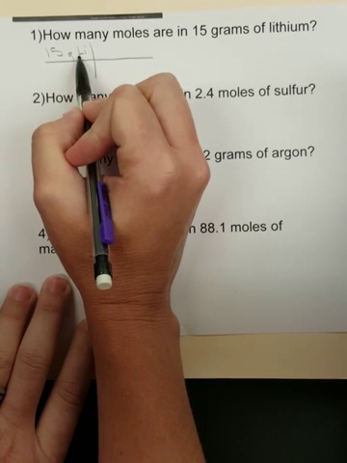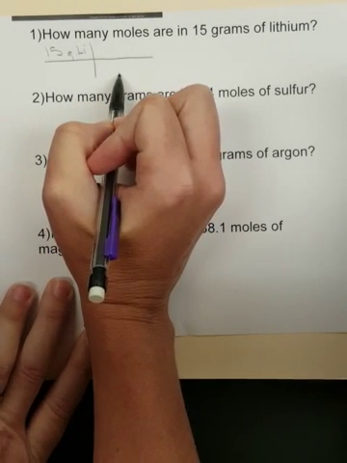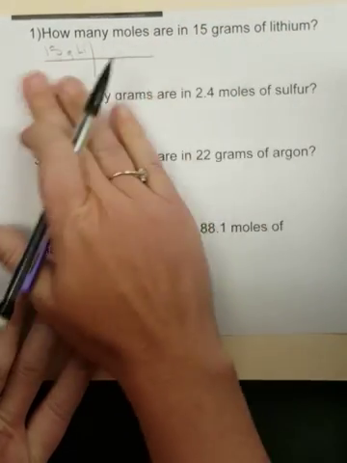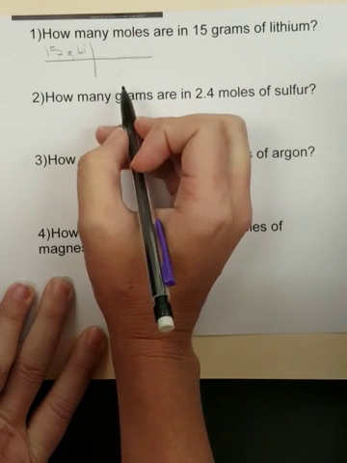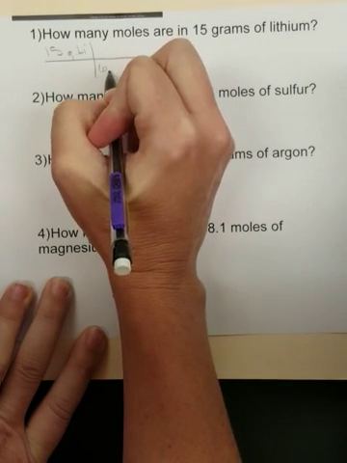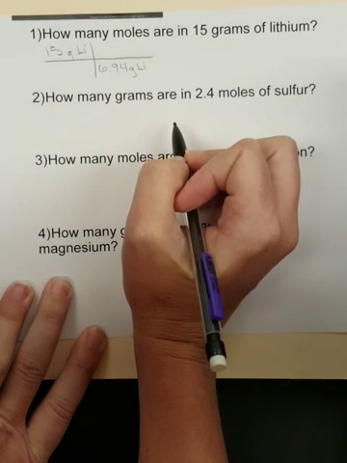We have grams here, so we know we're going to have to put a value of grams down here. Where can I find a value for grams for lithium? On the periodic table. Grams for lithium is 6.94. So I'm going to put 6.94 grams of lithium on bottom.